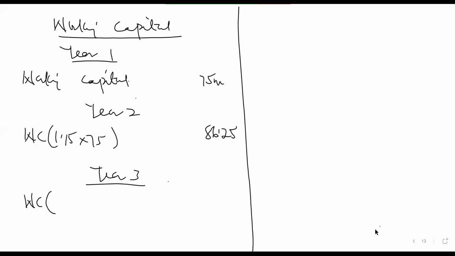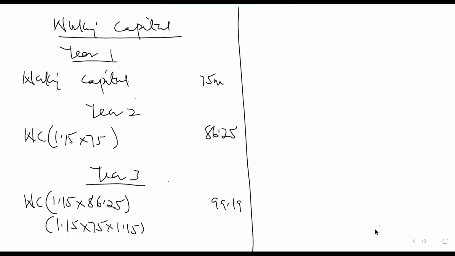So year 3 will be 1.15 times 86.25. Or someone can also say the same as 1.15 multiplied by 75 multiplied by 1.15. Are we okay? Yes. So what are we having? 99.19, isn't it? Yes.